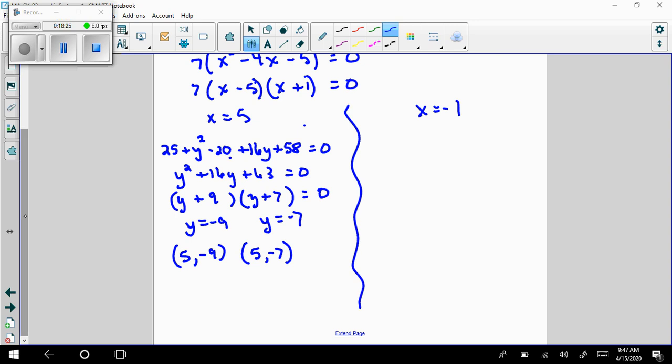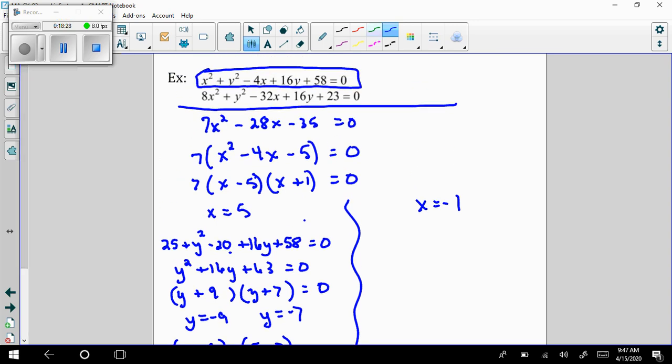All right, so I'm going to go back to this first equation, and I'm going to plug in -1. So -1 squared is 1. Y squared. -4 times -1 is plus 4.